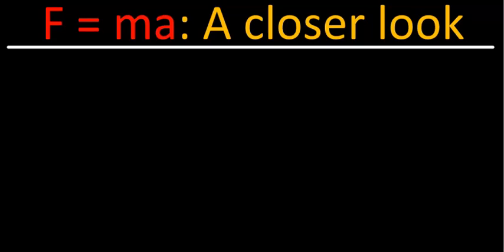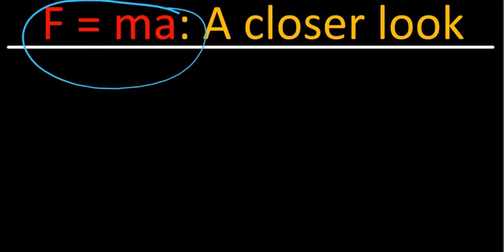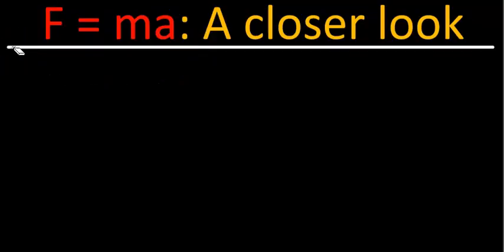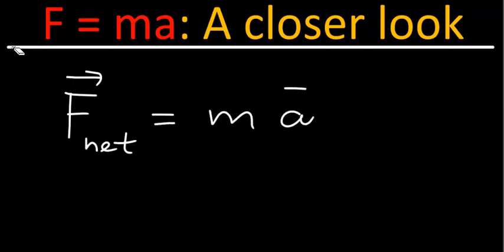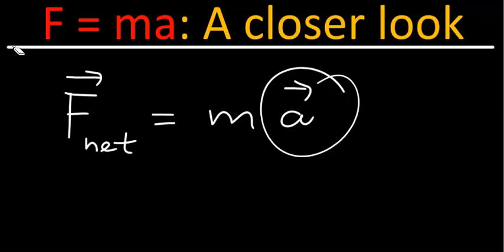In today's video, we shall take a closer look at Newton's second law of motion. As we have seen in our previous video, Newton's second law relates net force acting on an object to the acceleration of that object.